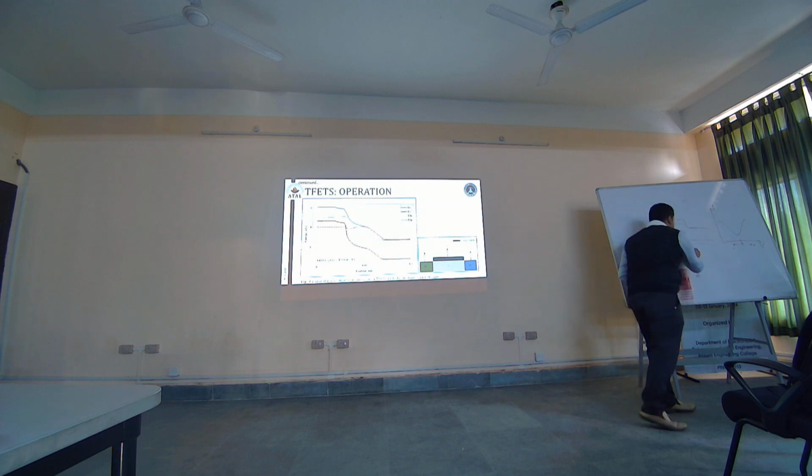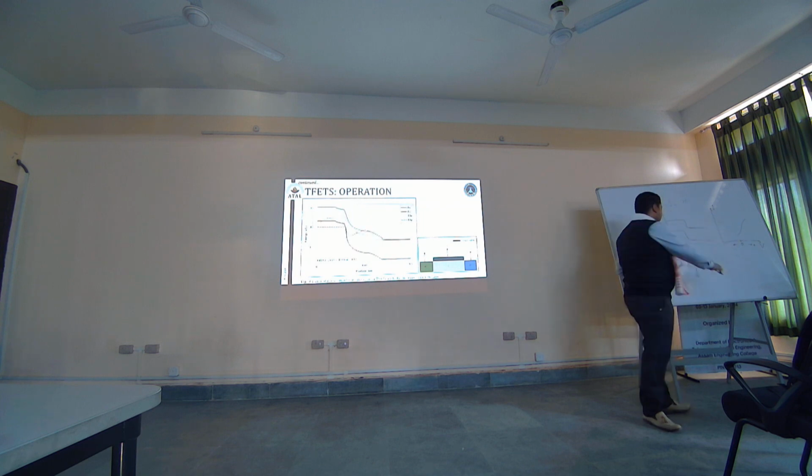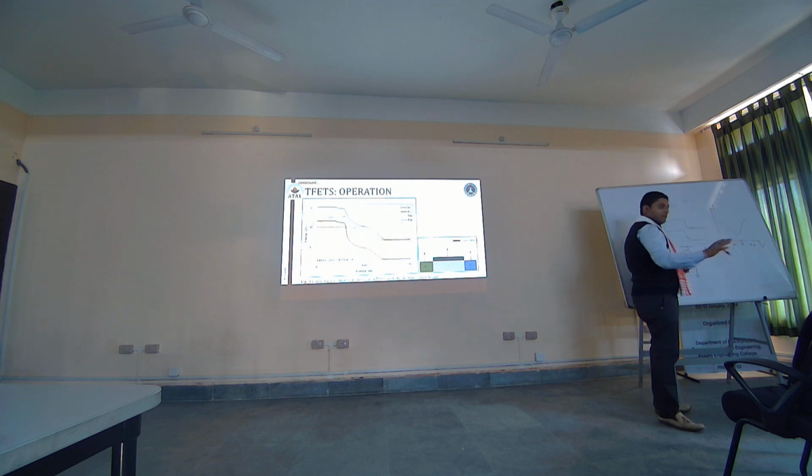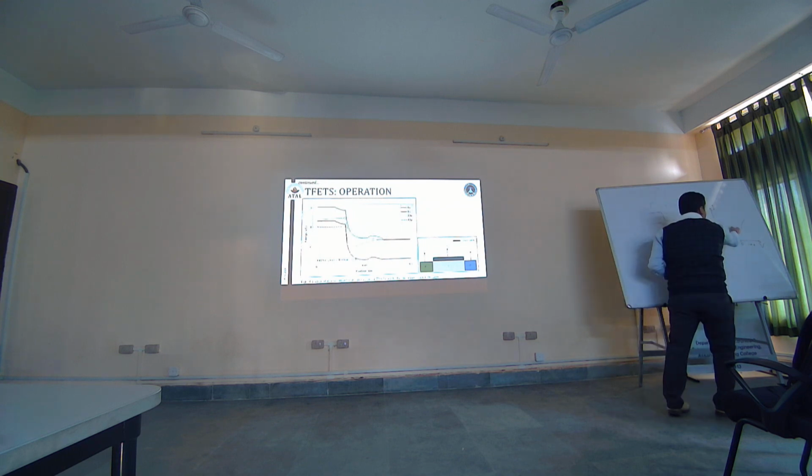So this is your P type device, this is your N type device, and suppose I want to use these tunnel FETs in this CMOS technology. When this is 0, or logic low, this is still going to conduct because you also have this for your negative range.